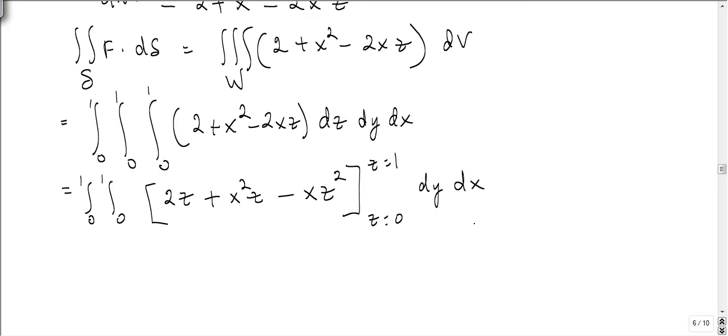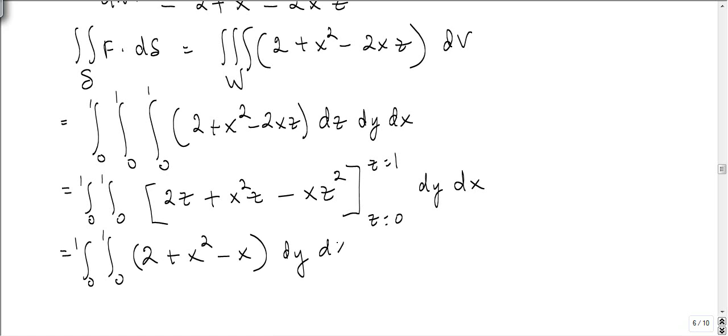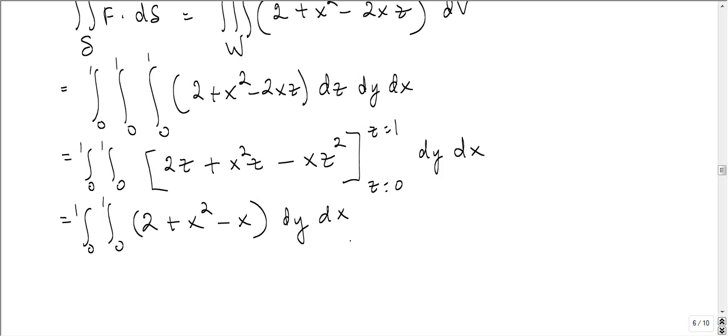The z equals 0 is going to give us 0, so let's just substitute 1. We have a 2 plus x squared minus x, dy dx.